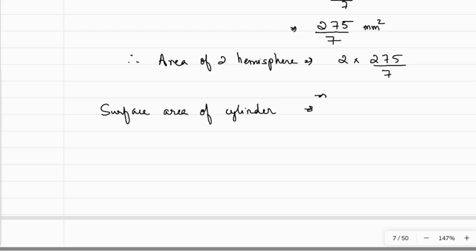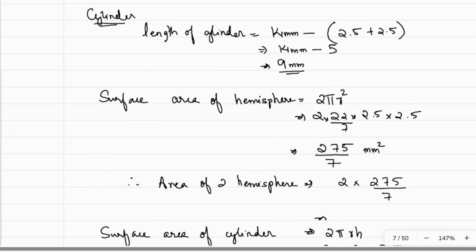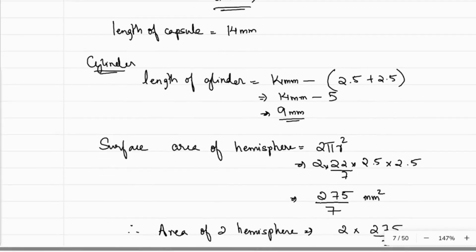What's the equation for finding the surface area of a cylinder? It is equal to 2 pi r h, which is 2 into 22 by 7 into r equal to 2.5 into h. What's the h here? H is equal to 9 millimeter, right?